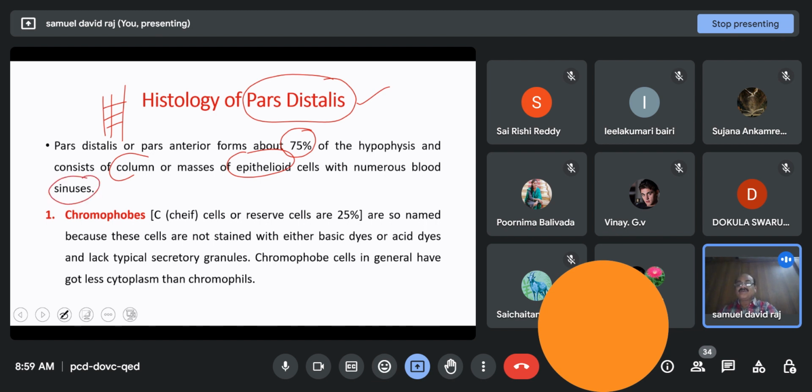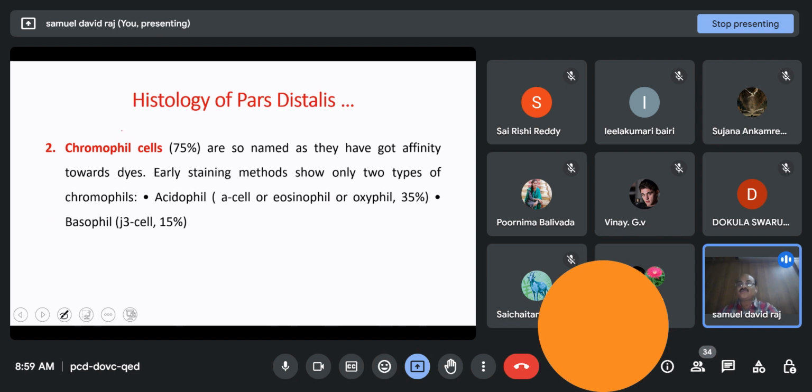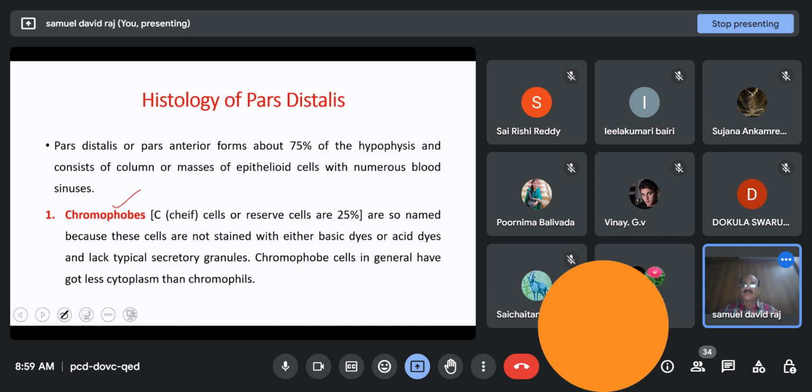It has two types of cells. One is called chromophobe, the other is called chromophil. As the name implies, chromophobes are called chief cells or reserve cells, which constitute 25% of all the cells of the pars distalis.